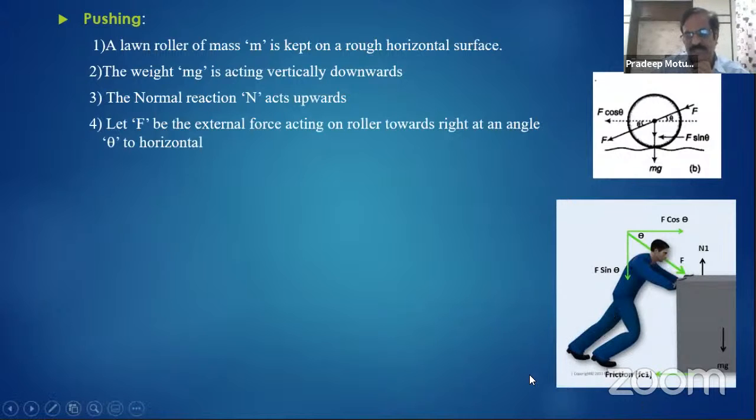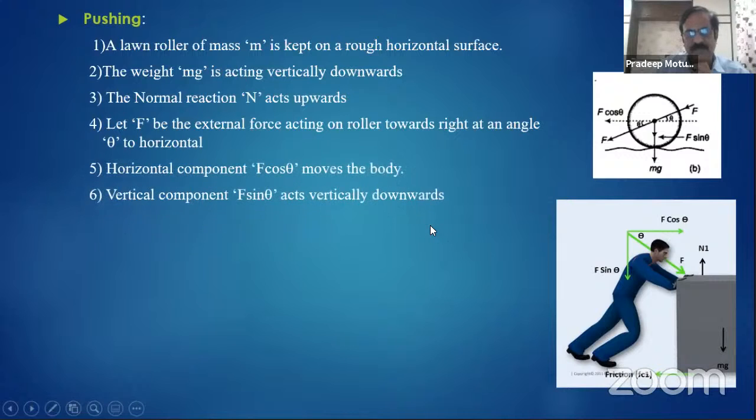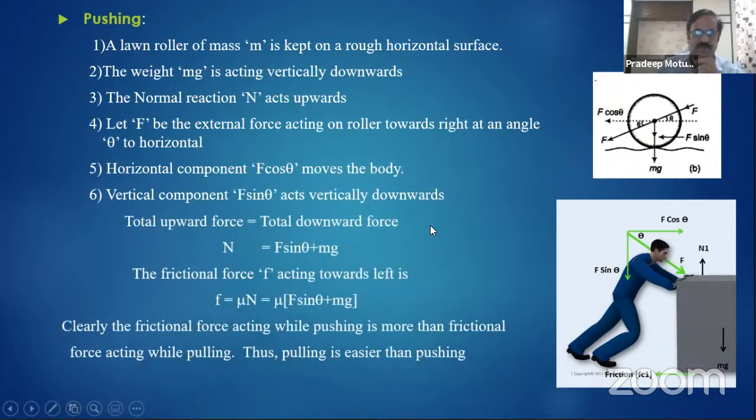So when he is pushing, at the same time, there is a frictional force acting opposite to it. So if you calculate this force, you can have this type of equation: F is equal to mu into N, that is F is equal to mu into (F sin theta plus mg).